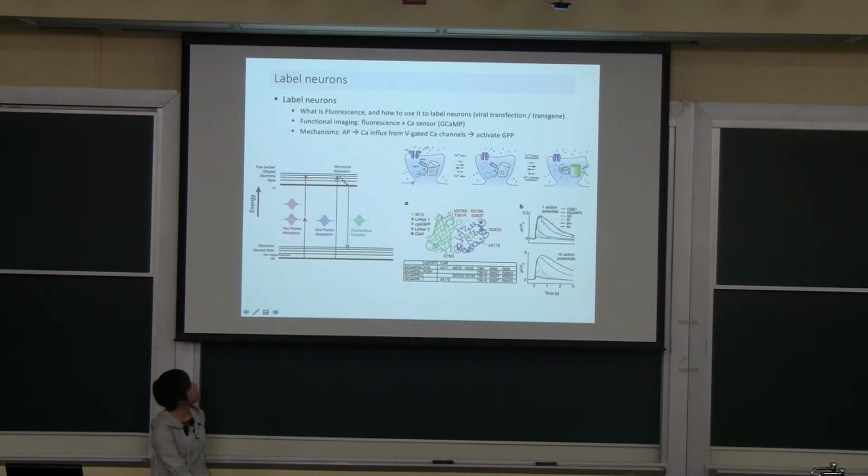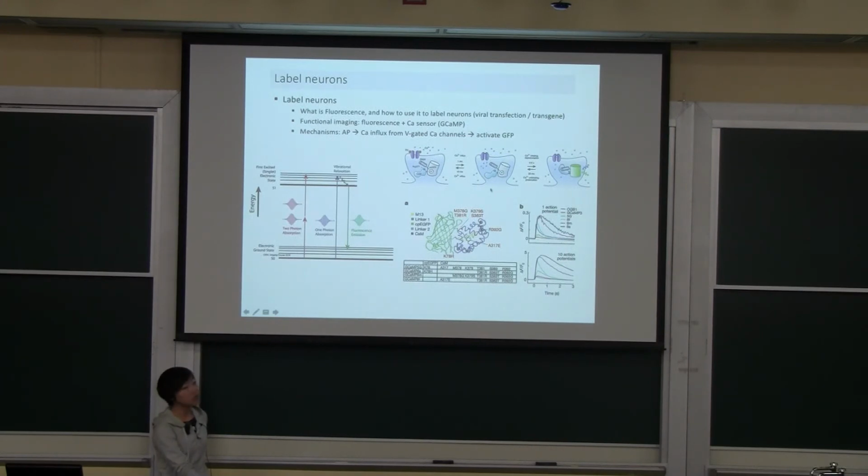You combine GFP, which is green fluorescent protein, with some other part, this blue part being a calcium sensor. So when there's no calcium or only a little calcium in the cell, then this GFP is not activated, so the fluorescence doesn't work.